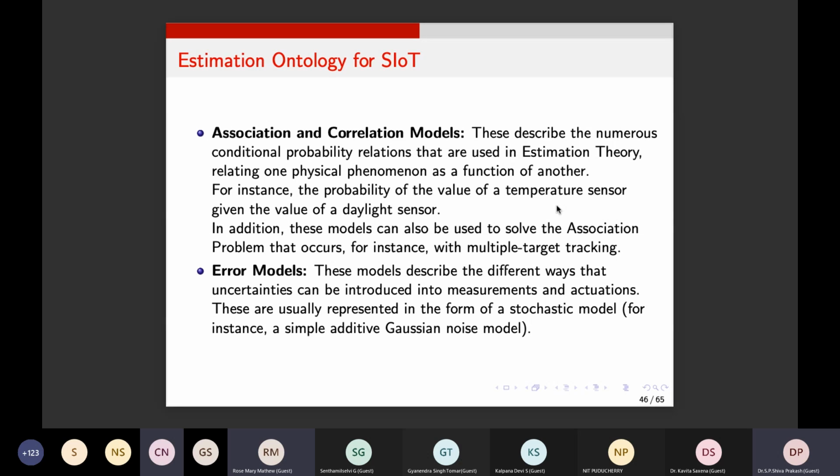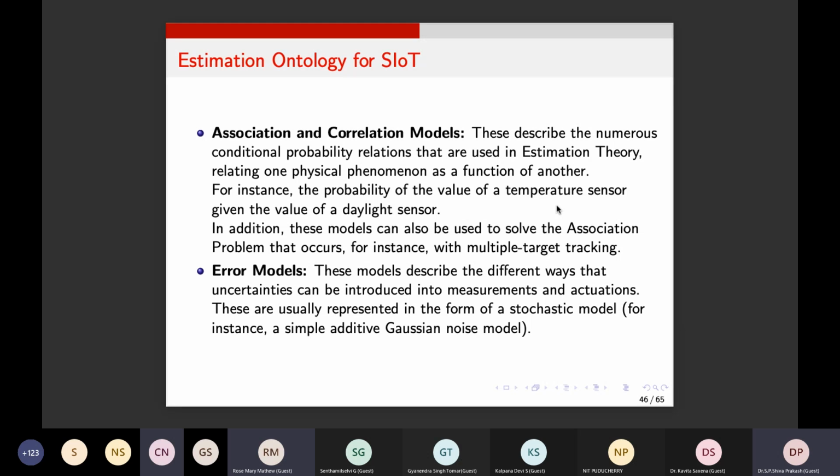So the association and correlation models are used in estimation theory, which basically describes the numerous conditional probability relationships related to one physical phenomenon as a function of another. So, for example, the probability of the value of a temperature sensor given the value of a daylight sensor.